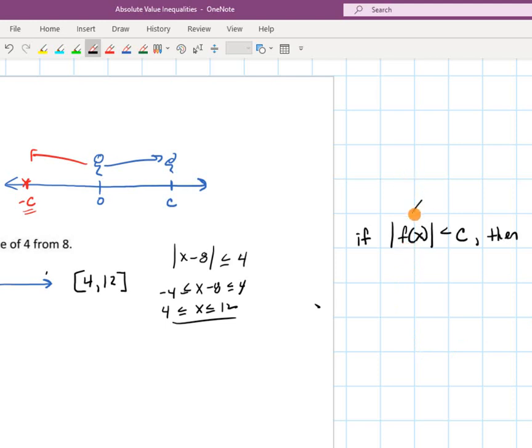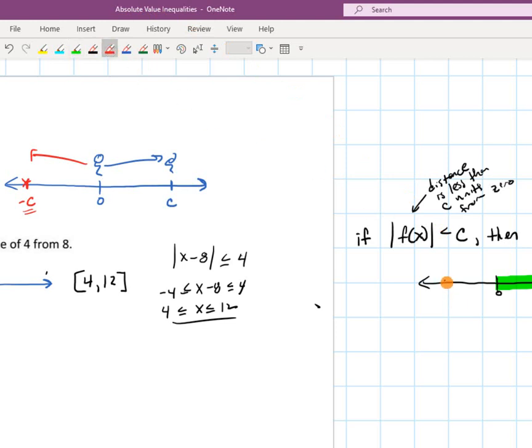And think what this means. It means the distance is less than c units from 0. Okay, well, if I'm looking at 0, then less than c units, if c is there, then all that stuff that is green would be less than c units from 0.